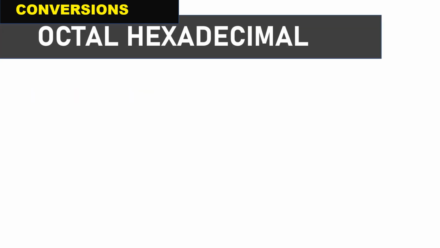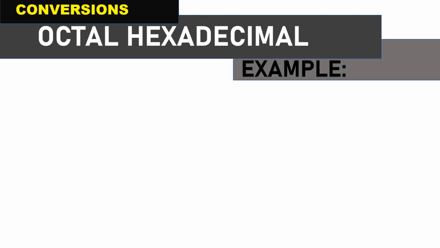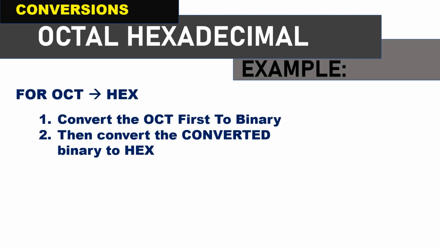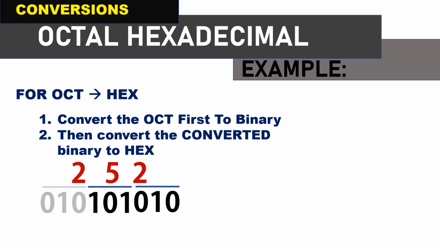Okay, another one is octal to hexadecimal. The steps are to convert to binary, then convert the binary to hex. For example, this is the given, so we just reverse the process of the first one, hex to octal. We have 252, then convert it to binary: you have 010, then 5 is 101, then 2 is 010, then convert it to hex.